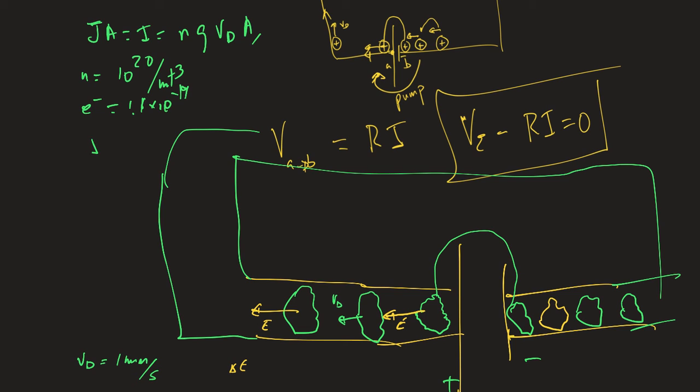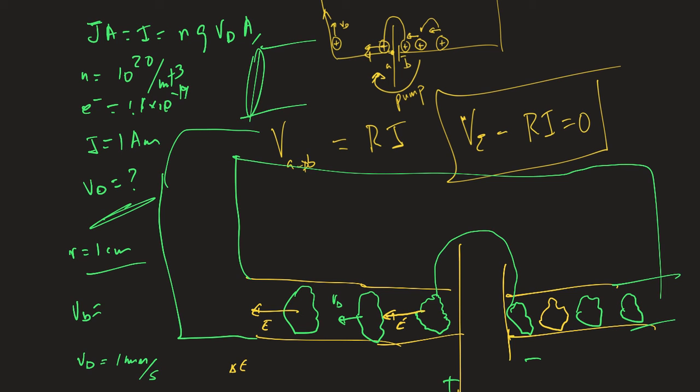You imagine a current of 1 ampere and try to find v sub d. What will be v sub d? And imagine the cable has an area corresponding to a radius of 1 centimeter. So do this exercise and find v sub d for this case. And you will find that v sub d is very small.